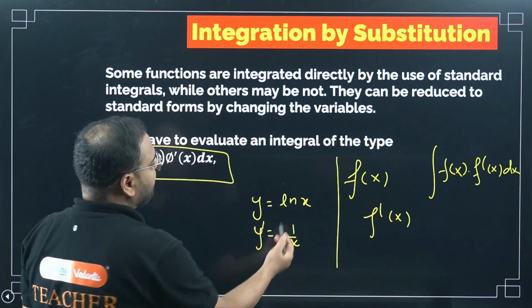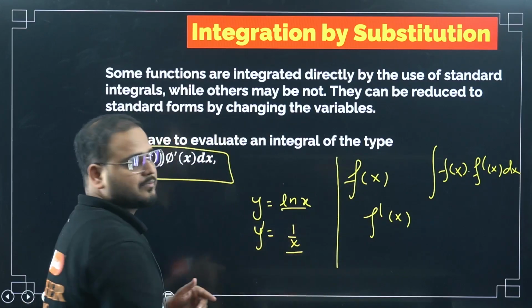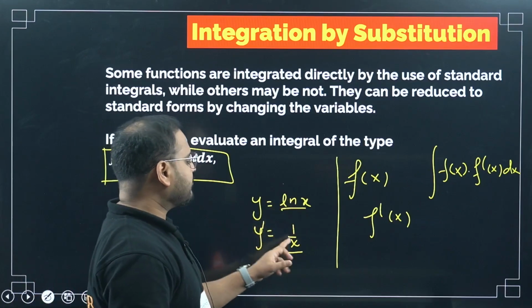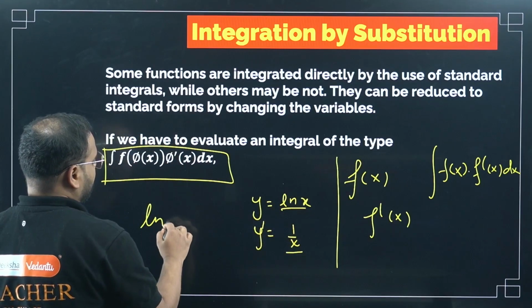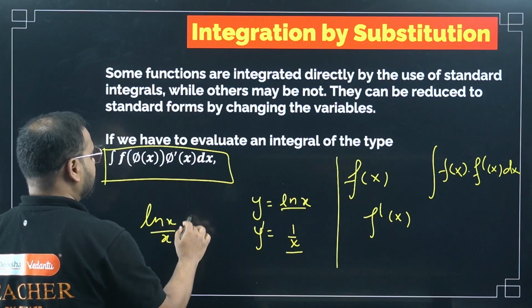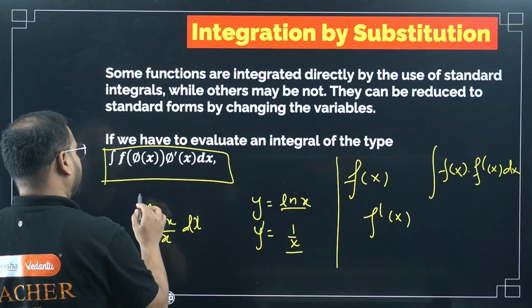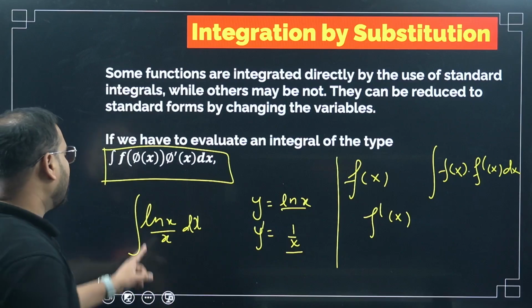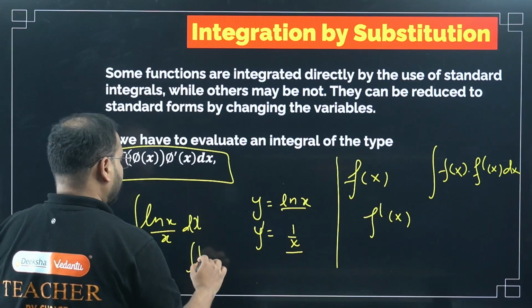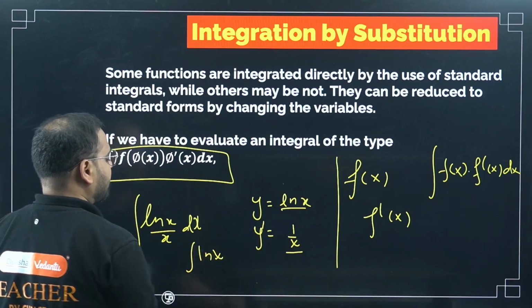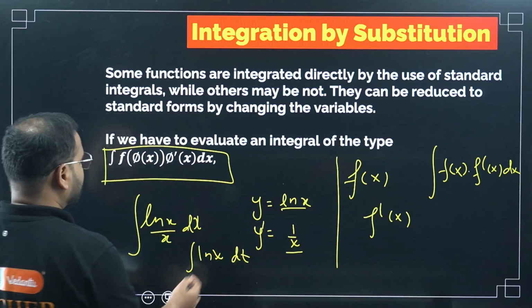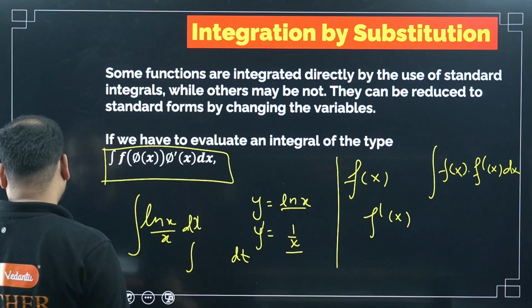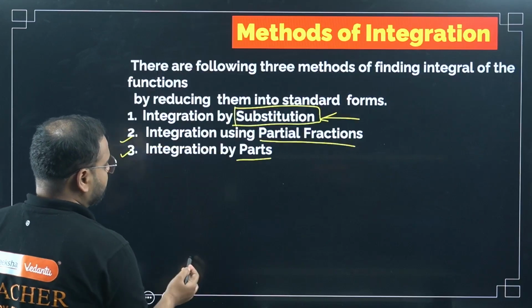For example, if I have ln x present with 1 by x, like ln x upon x dx under the integration, I can write it as the integration of ln x, and this will simply be dt. So I can write it simply as t. Let me show you all the steps.